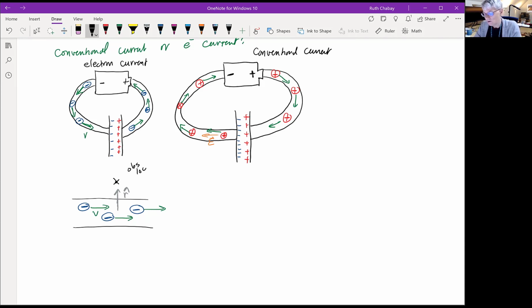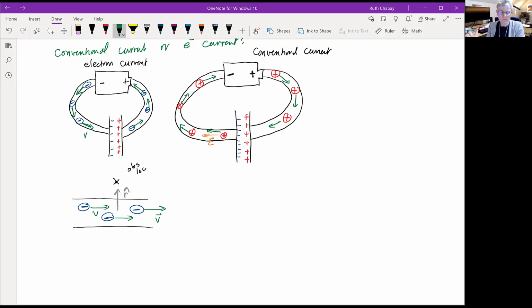And so what direction of magnetic field would we predict at that location if the charges in the wire are negative and they're moving to the right? Well, we use our right hand, so we'll point our fingers in the direction of v. And then we have to rotate our wrist so that we can fold our fingers toward our r hat.